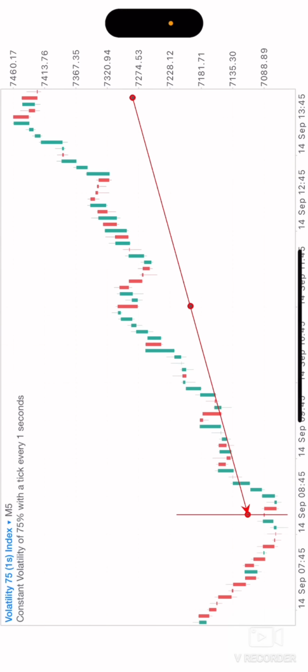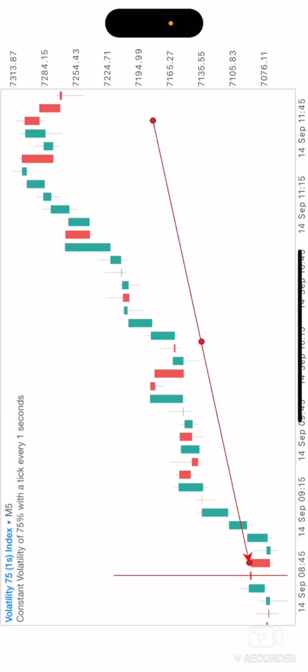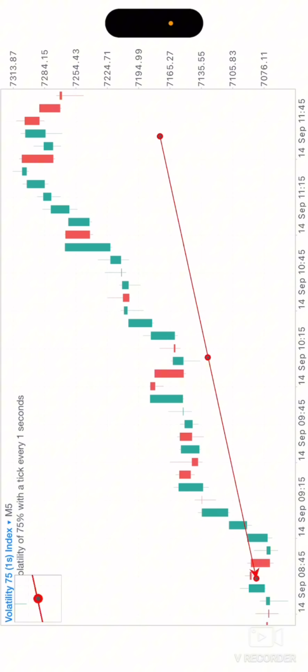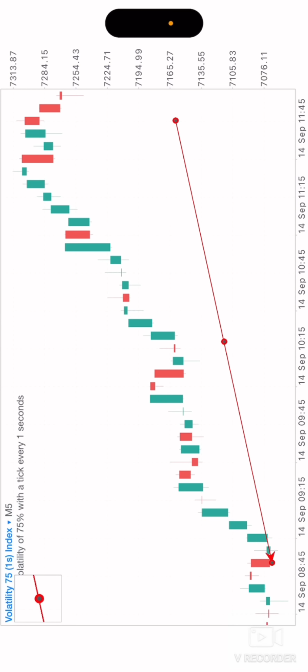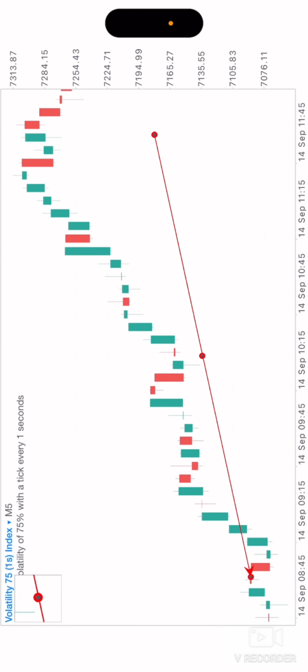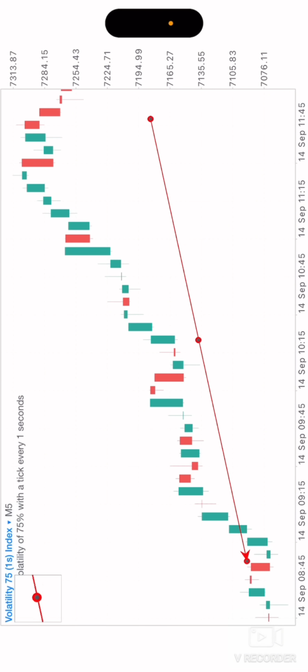Now, the green candle opened at this point. Yeah, and then you notice that the first thing the market did was to move downwards. There was a sell, a downtrend. The market opened here where the doji is, and after the opening of this doji, the market fell.